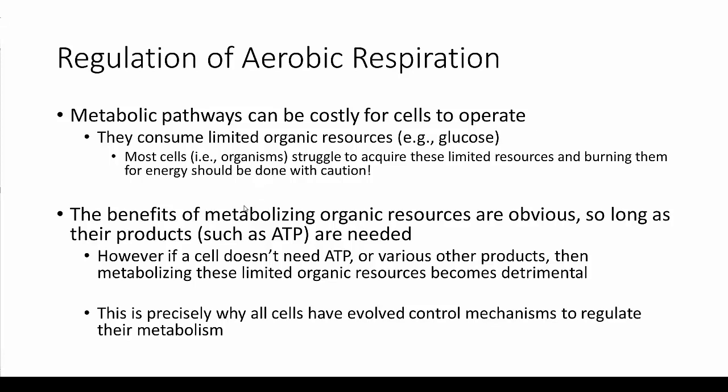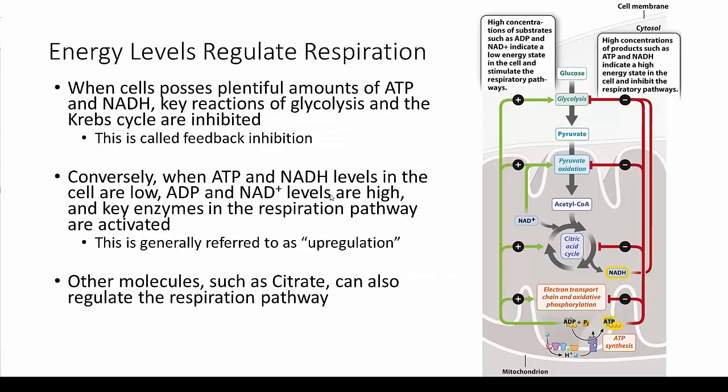Burning through too much glucose too quickly is the equivalent of burning through all of your wood so that you don't have any later when you run out and the temperature falls. Hopefully that makes sense. I know I'm going on a little bit more about this than I probably need to. Hopefully that makes sense. Okay.